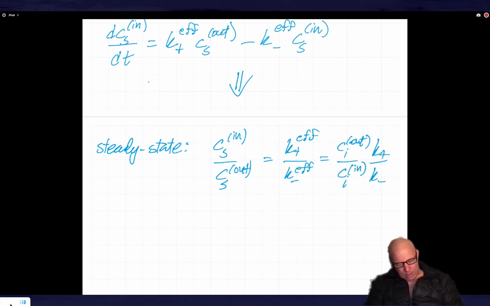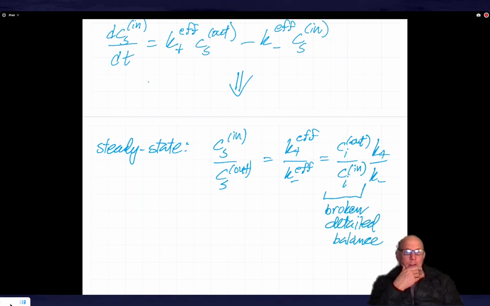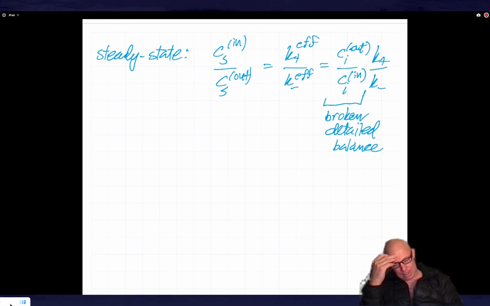So this thing essentially represents the broken detailed balance. In other words, I no longer have that the ratio of my rate constants is equal to 1, which they were in the previous case.